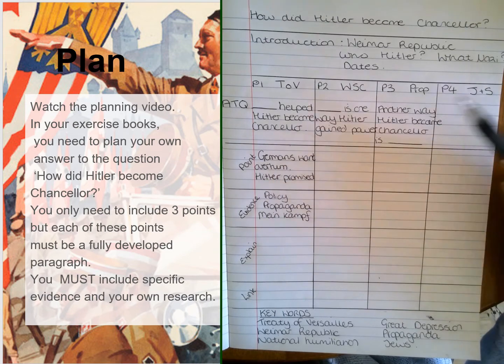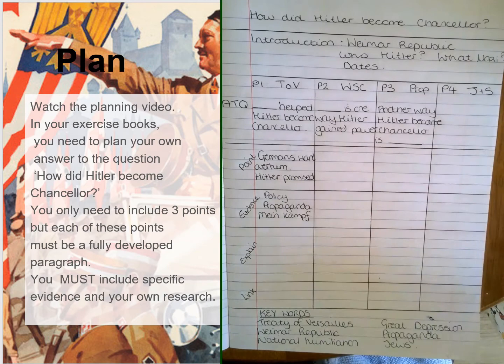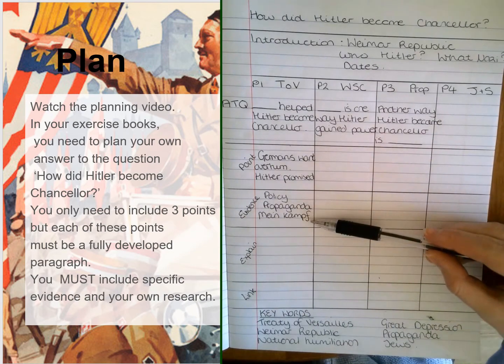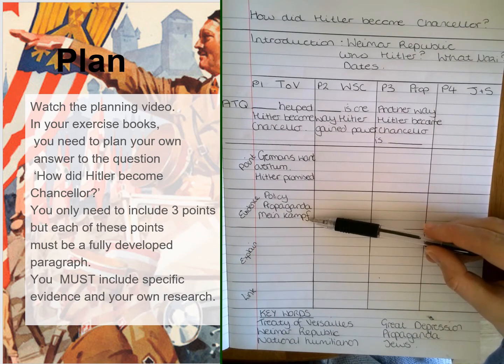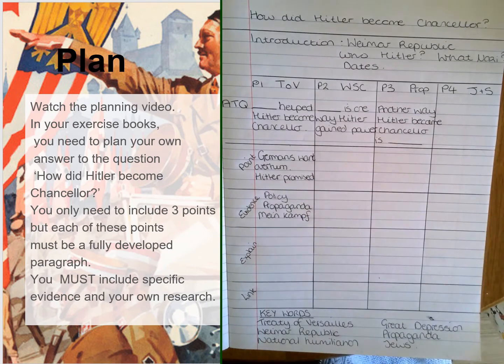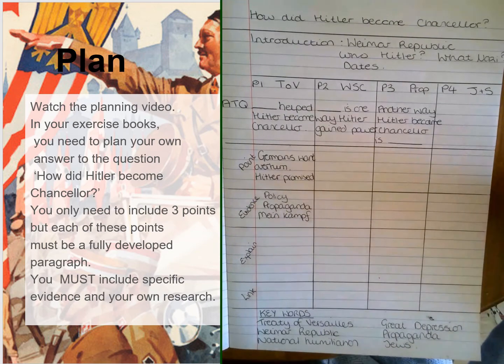So if, for example, you're using one of the images that we've looked at, you need to tell me which image it is. Tell me who was the artist, where it was from. You need to be as clear as you can. And again, if you're using Mein Kampf as evidence, you need to show me where that is. What chapter is it in? What page is it in? What's the quote from it? You need to start using evidence more effectively.